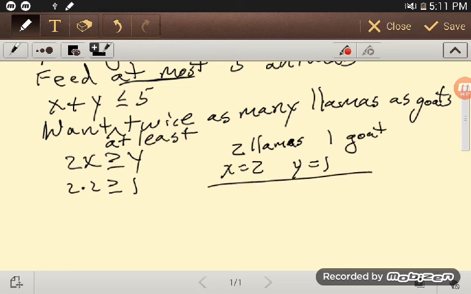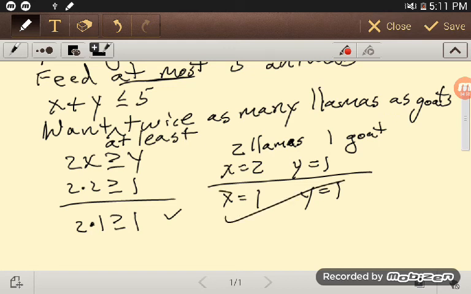But what if we had x equals 1 llama and y equals 1 goat? Now let's check that to see if it works, and I would have 2 times 1 is indeed greater than 1. Well, that worked, except that's not right, right? This is incorrect because I don't have twice as many llamas as goats.